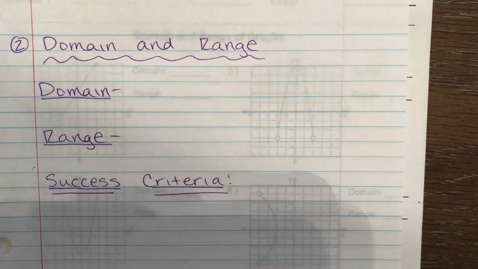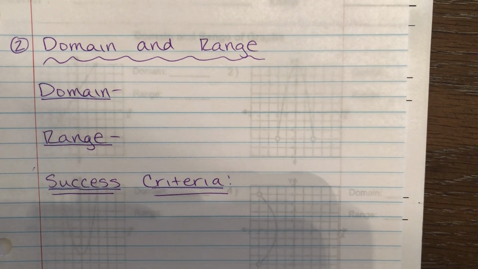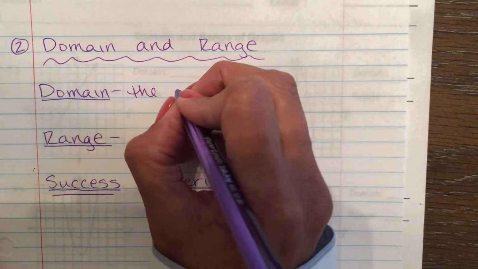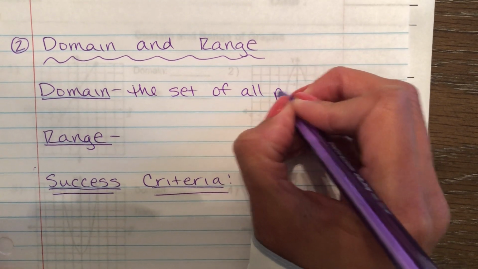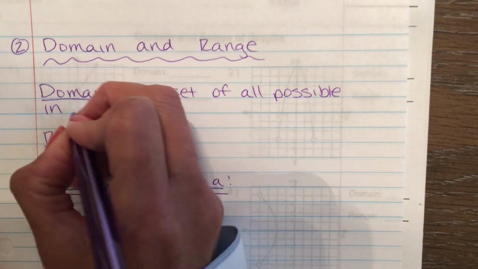Now let's move on to domain and range. That is the second key feature that we're looking at for the key features of functions. So let's define our terms. Domain is defined as the set of all possible inputs.